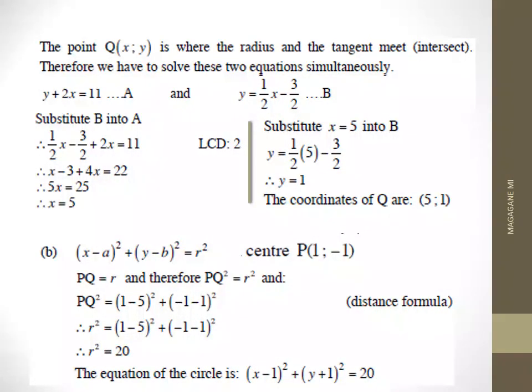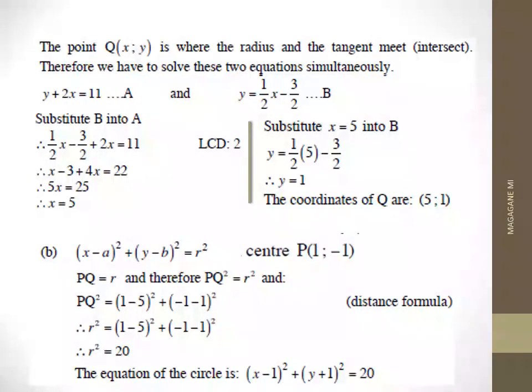So 1 here represents the x value, and 5 is also our x value. Negative 1 and 1 are our y values for P and Q. Therefore, r squared equals 1 minus 5 all squared plus negative 1 minus 1 all squared. Therefore, r squared equals 20.